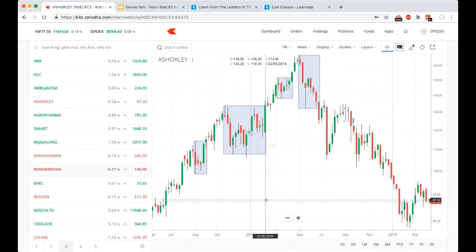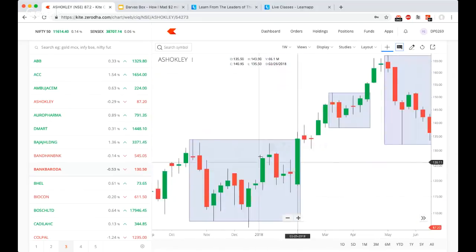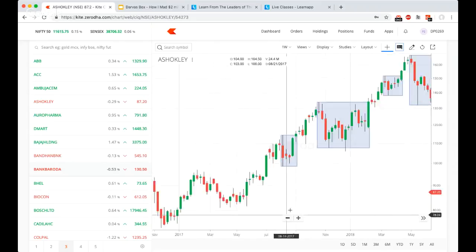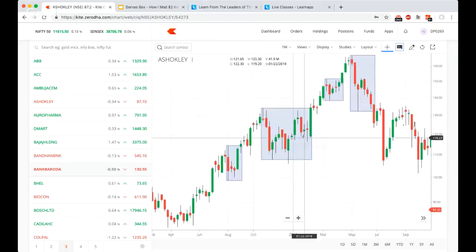So let's see our example, right? We have Ashok Leyland. This green bar, let me zoom in for you. You see that this green bar closed above this box. Why is the box so small, you ask? Well, this is based on all-time high. So this bar basically was an all-time high on the weekly charts. That's our entry. We're waiting for a bar to close below the box. Doesn't happen here, doesn't happen here.